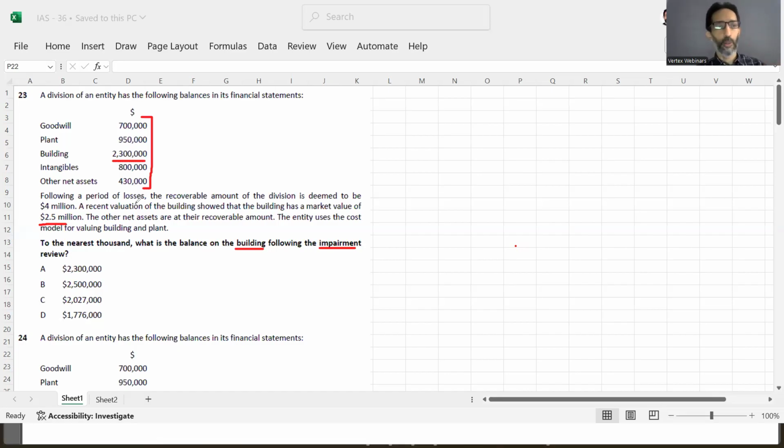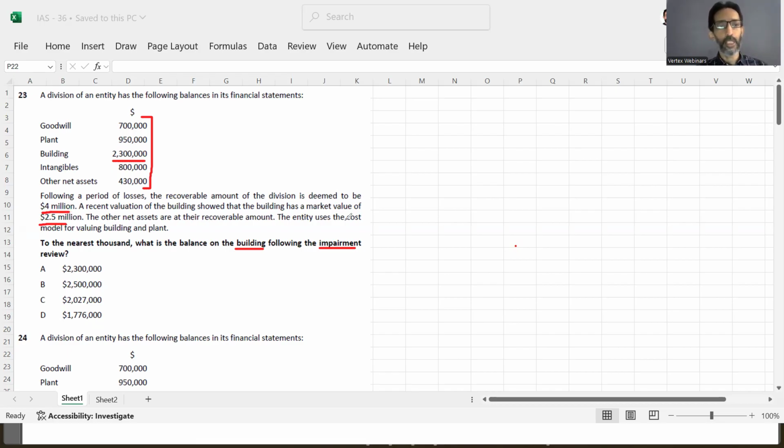Overall, there have been losses, but the building has increased its value to 2.5 million. The other net assets are at their recoverable amount. They have actually reduced in amount, since the recoverable amount of the overall division has become 4 million.